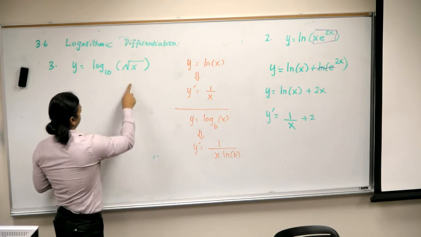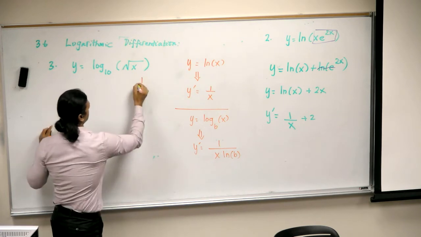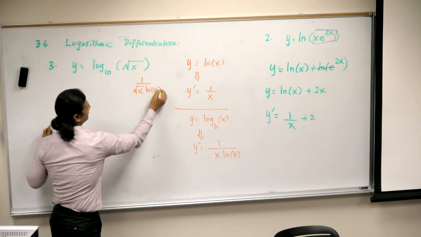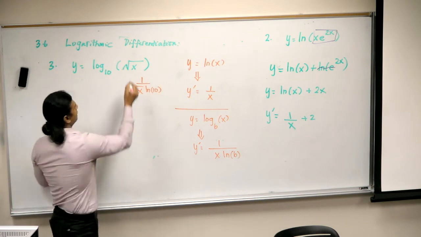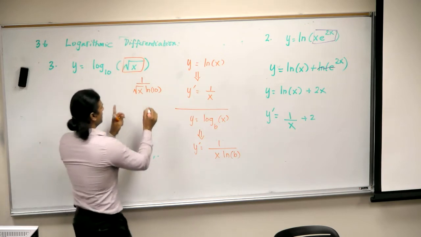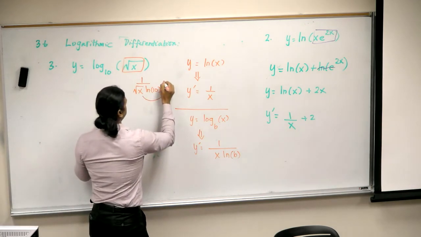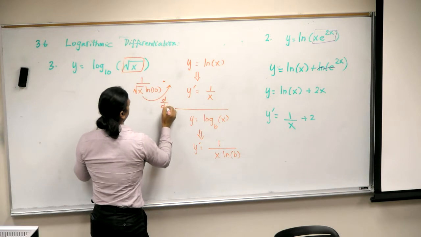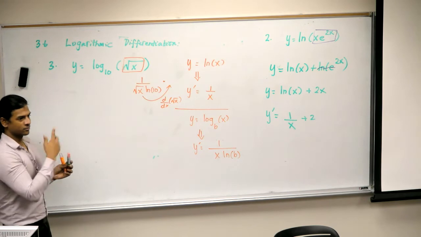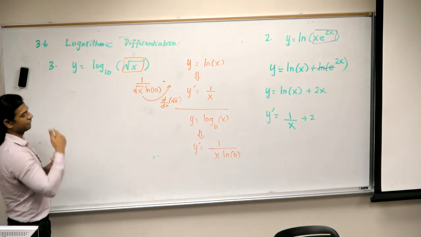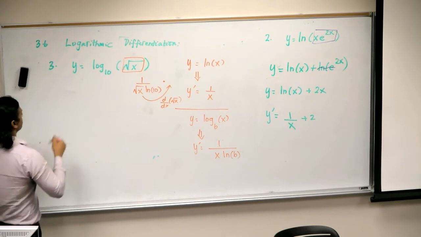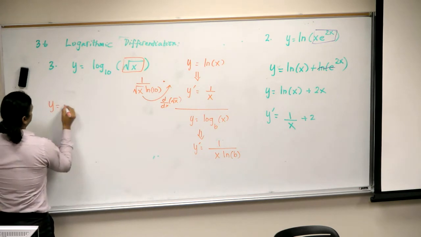So 1 over square root of x, ln of 10, yes, if you treat this as x. And then you multiply by the derivative of root x. Correct. What rule did I use? Chain rule. But you took a step back. Go with what Annie said.